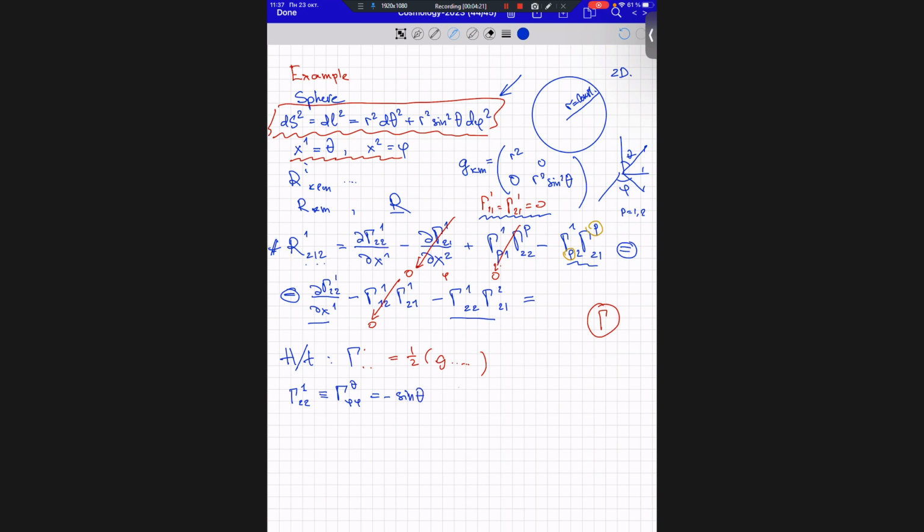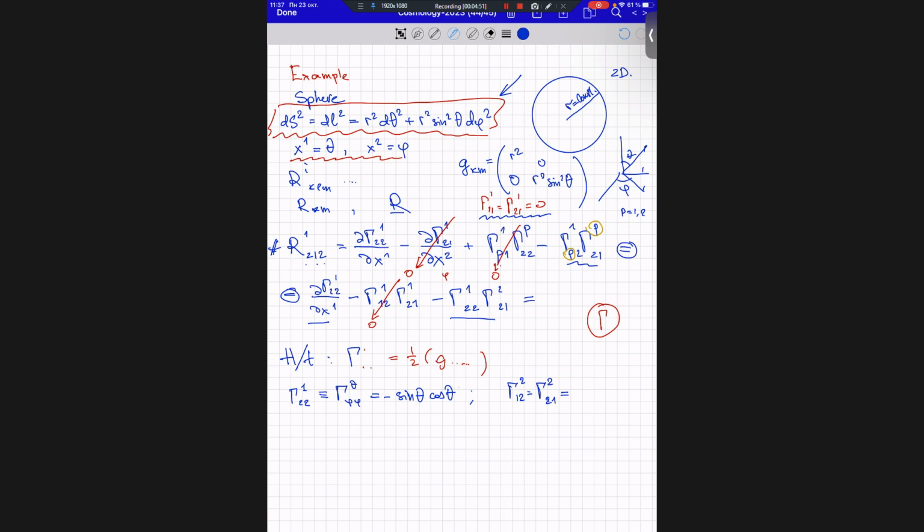Minus sine theta, cosine theta. Yeah, cosine. Okay, it's right. And also we will need gamma 1, which, since the Christoffel symbols are symmetric relative to the lower indices, has a minus.